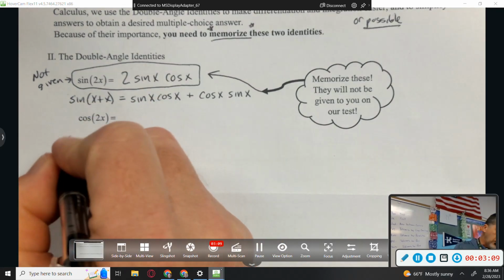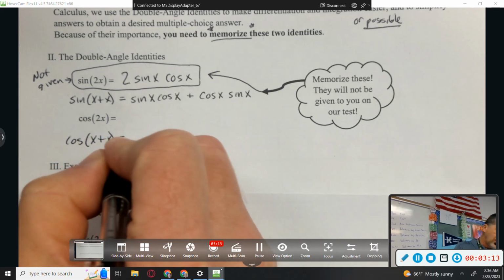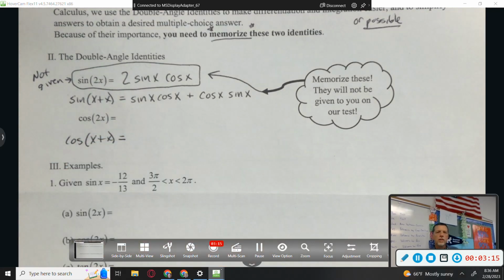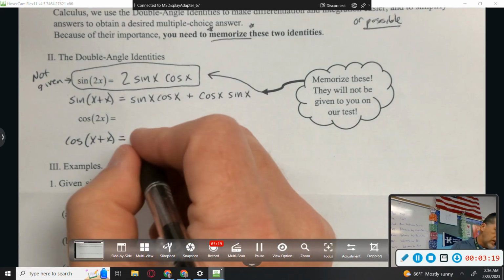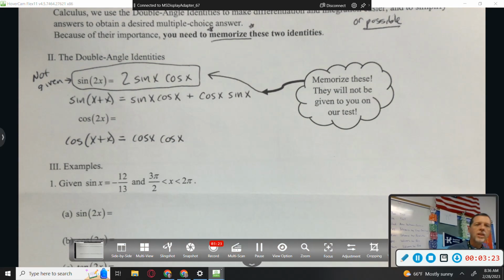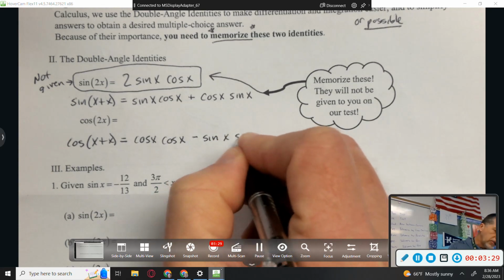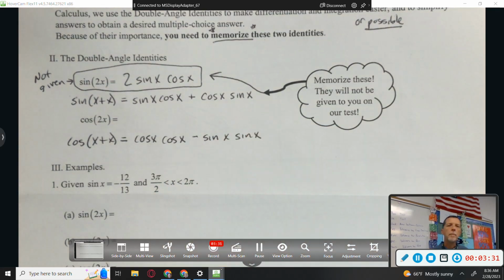We'll do the same thing with cosine. Cosine of x plus x. Let's see, the cosine sum formula is cosine of the first one, cosine of the second one, minus sine of the first one, sine of the second one.